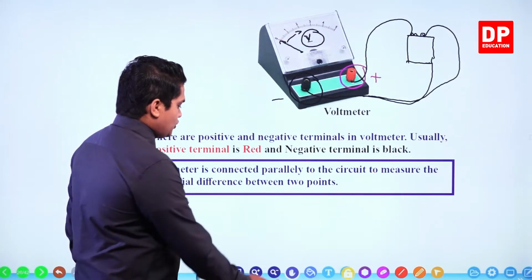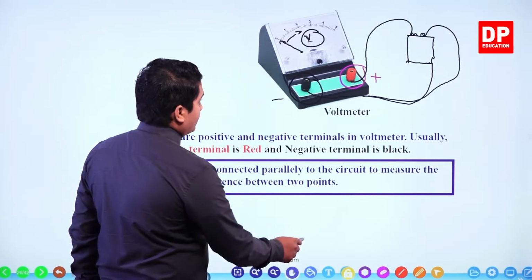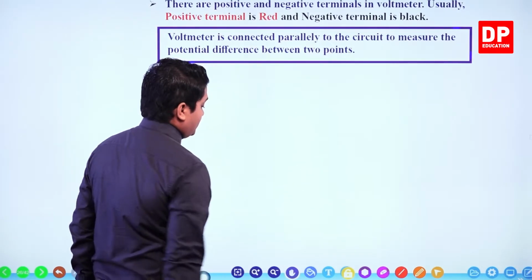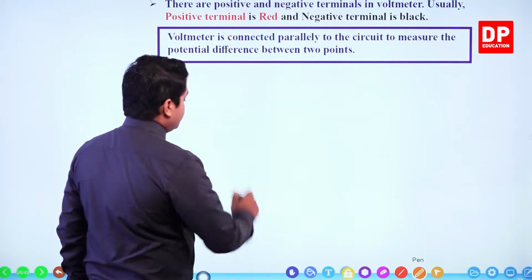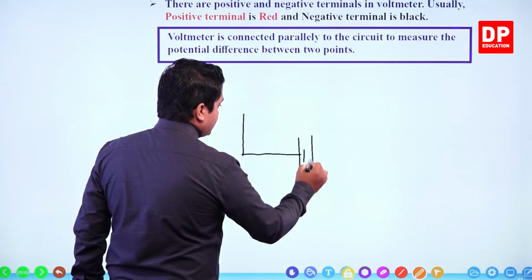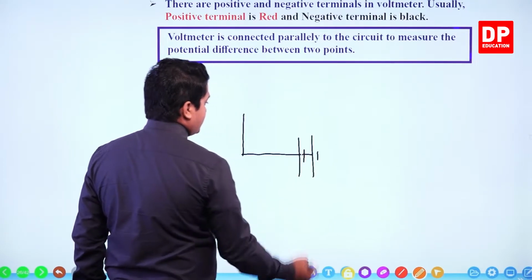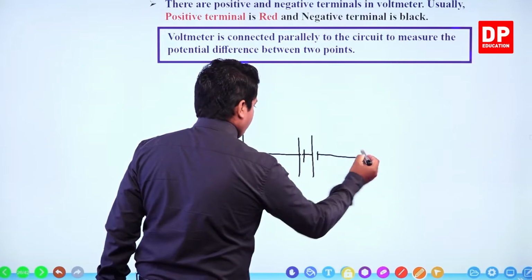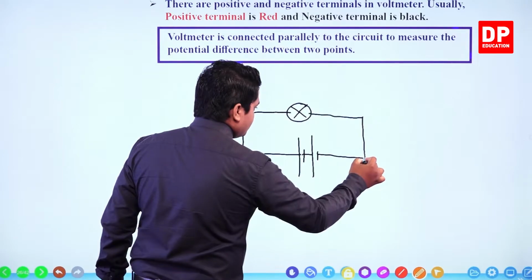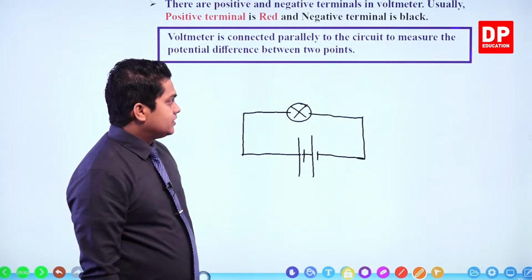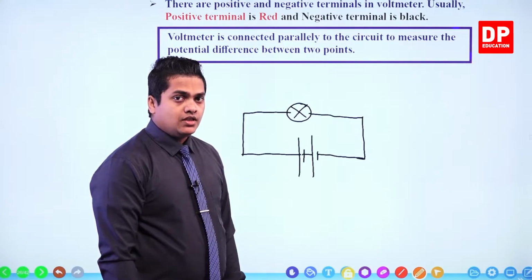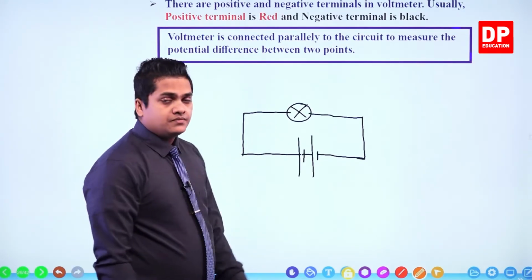I'll show you how to connect this voltmeter in a parallel connection. Say you want to measure, so I'm going to use a circuit symbol. These are my dry cells, there are 2 dry cells. This is the bulb. Now I need to connect my voltmeter to measure the voltage of this bulb.